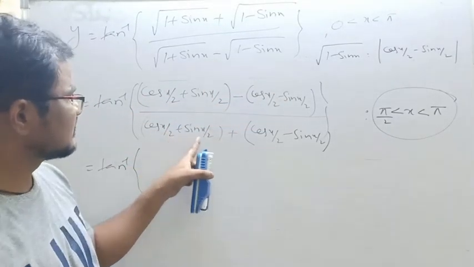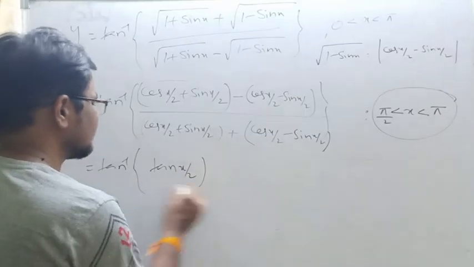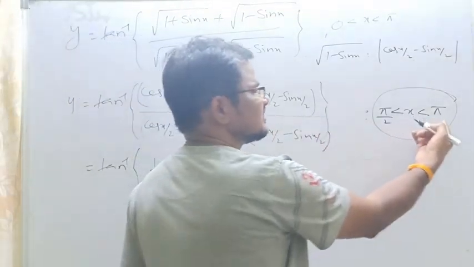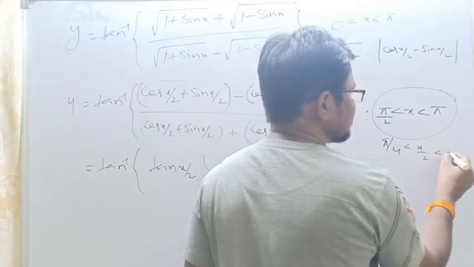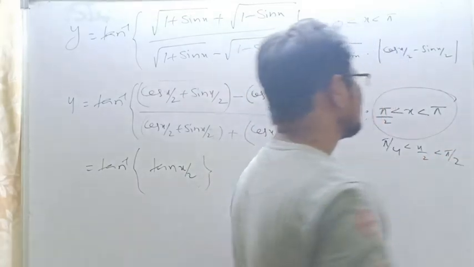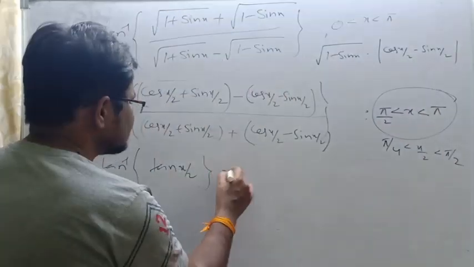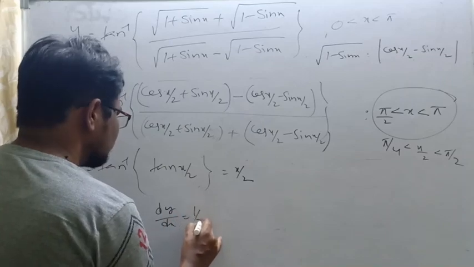Here minus sin plus sin get cancelled, means tan x by 2 getting. Now x is in this interval means pi by 4 less than x by 2 less than pi by 2. Means clearly it belongs to the range of tan inverse x. So that's why it is x by 2 you can write. Now dy by dx equal to what? 1 by 2. Okay, no?